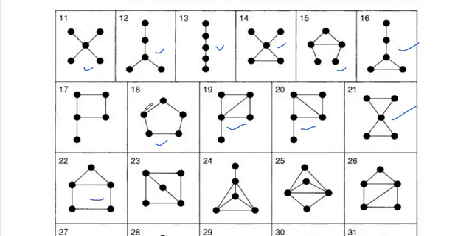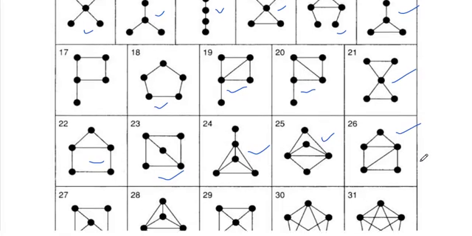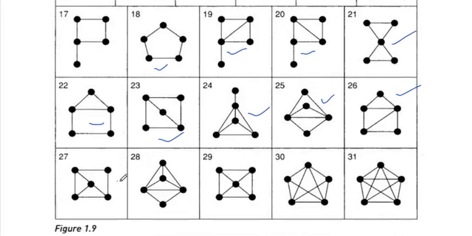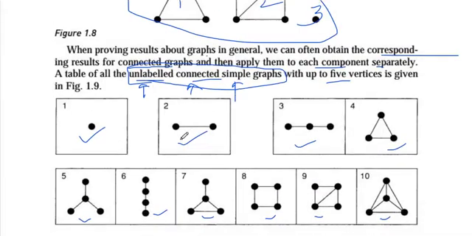For now, this is an example of unlabeled graphs. We can make a number of graphs for the given vertices. You can see that there are 31 possible for this particular condition.